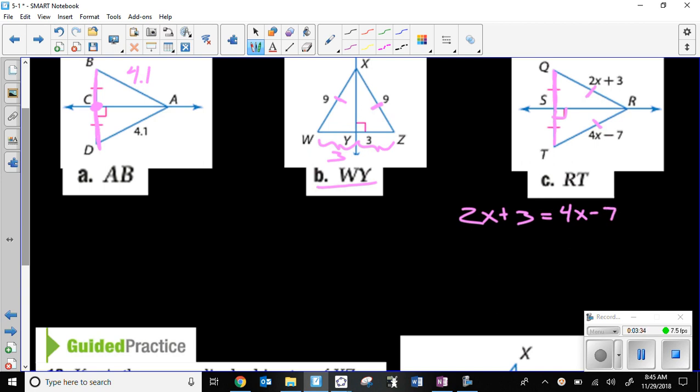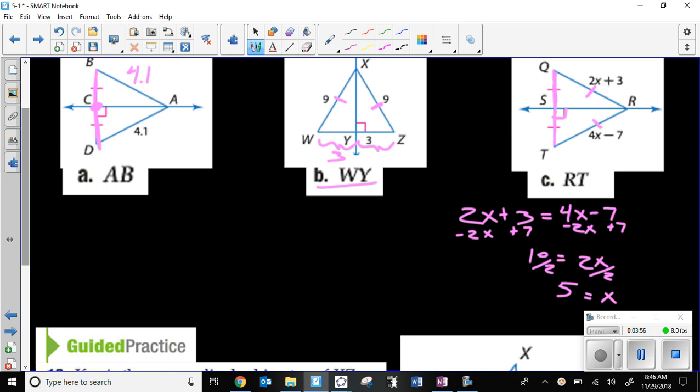To solve this, let's subtract 2x to get 2x, and then if we add our 7 over, we should get 10. And then if we divide by 2 on both sides, we should get x equaling 5. We don't really want x equaling 5.